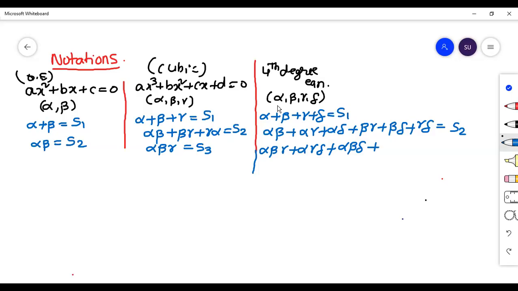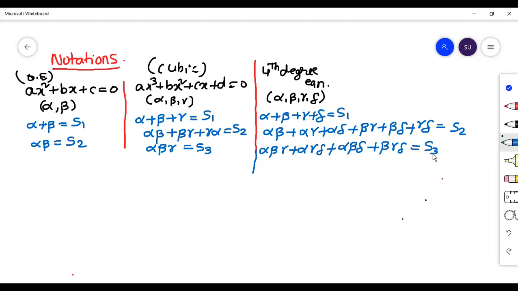Next, start with beta: beta gamma delta. Beta delta alpha is already there, so no need to write it. I think these four are enough. Let us consider this as S3.